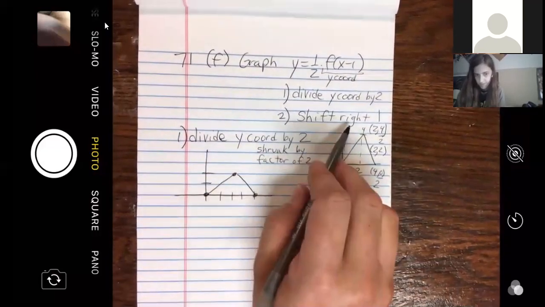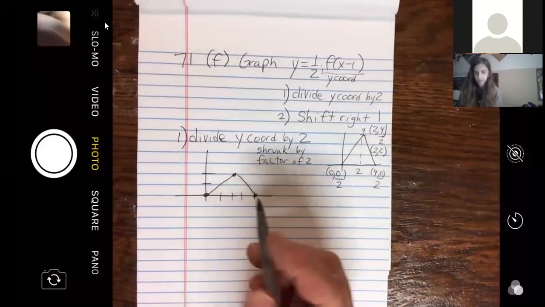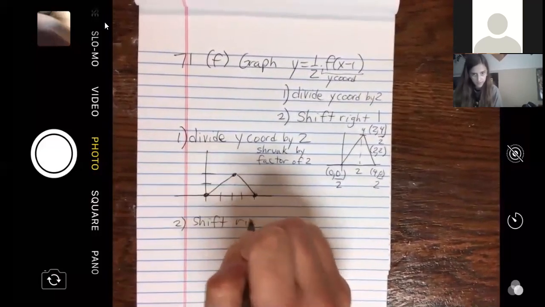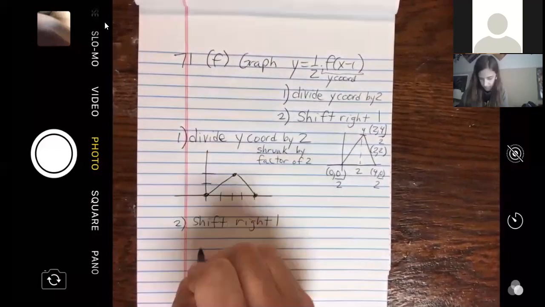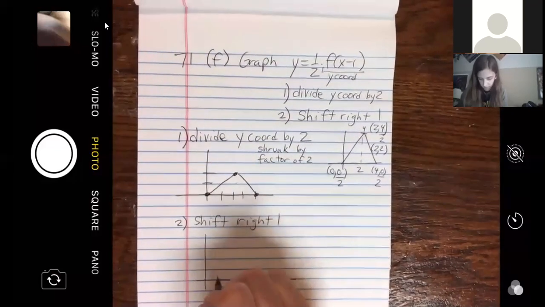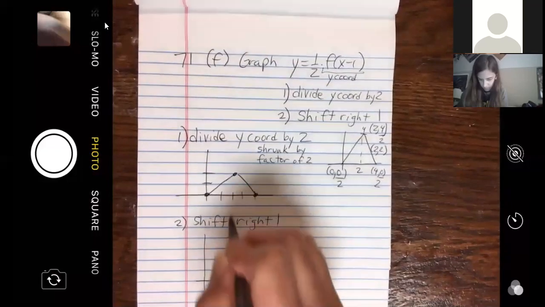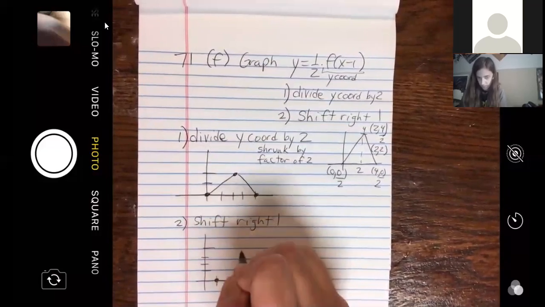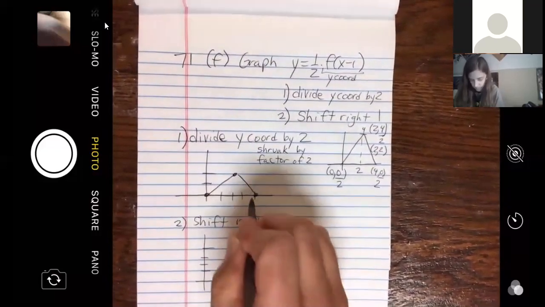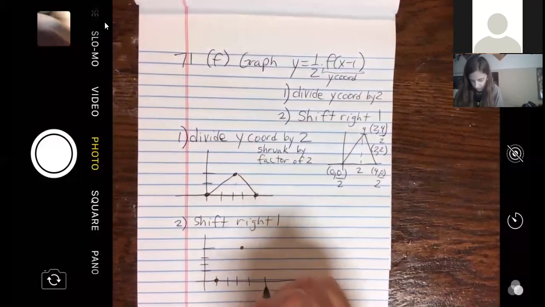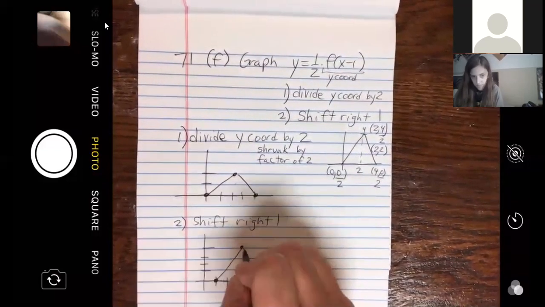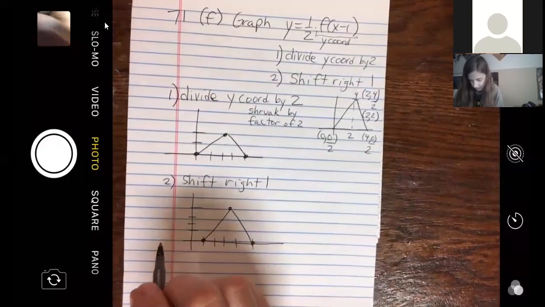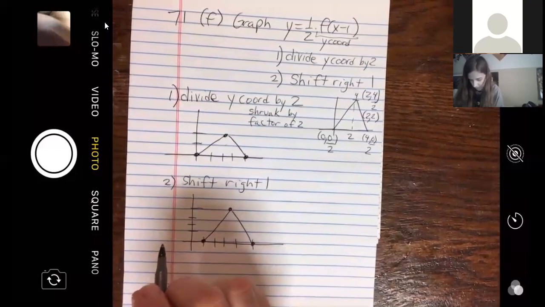Are you ready to shift this graph right 1? Yes. Okay. So the origin point moves over 1. My point at 2 and 4 moves over to 3 and up 4. And 4 and 0 would move to 5 and 0. I am so sorry.